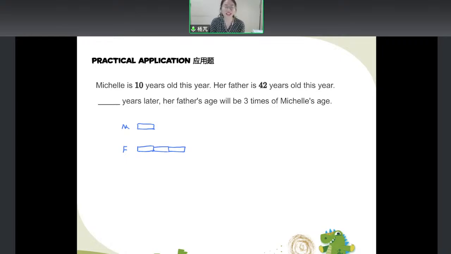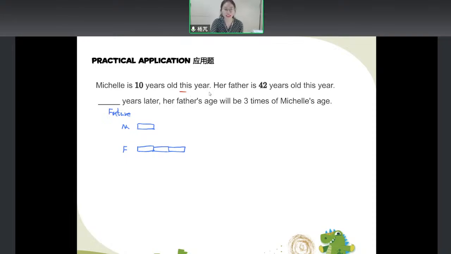Now, make sure this model shows how many years later. This model shows what happens in the future. The problem is, if I want to solve the question, can I label any number on this model?